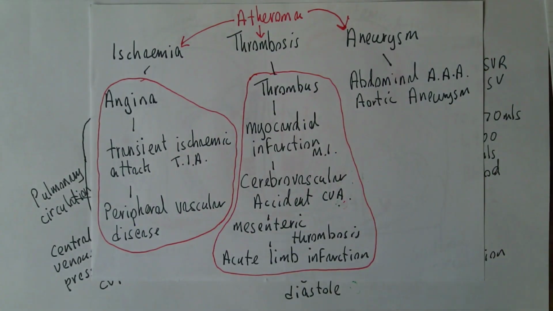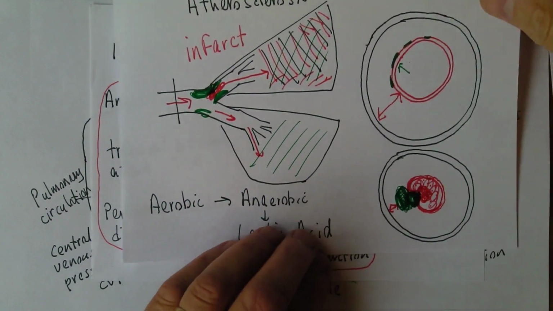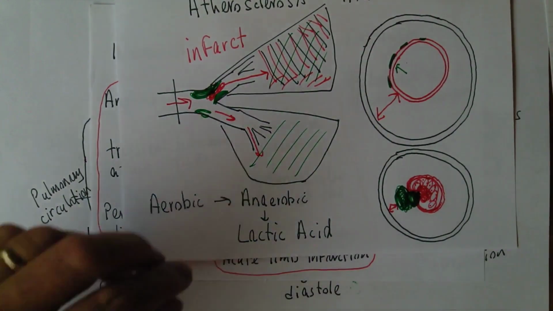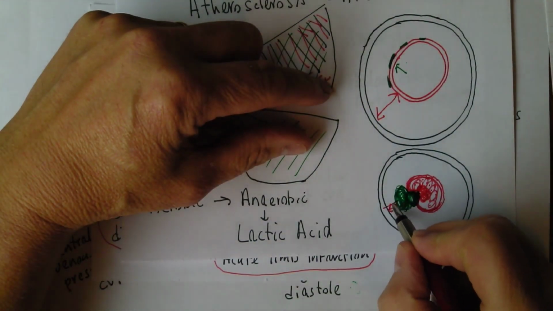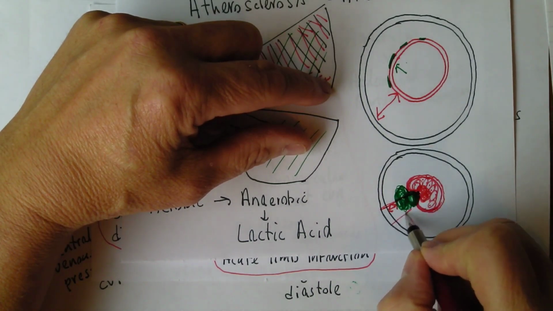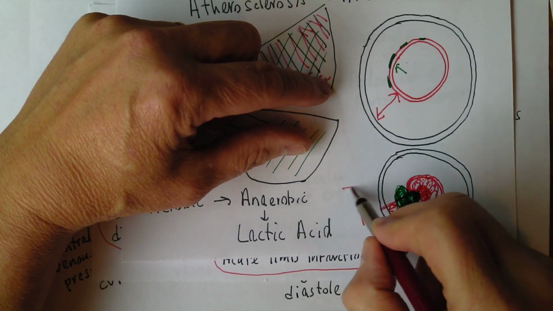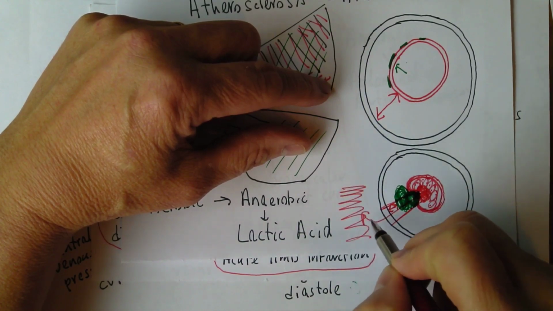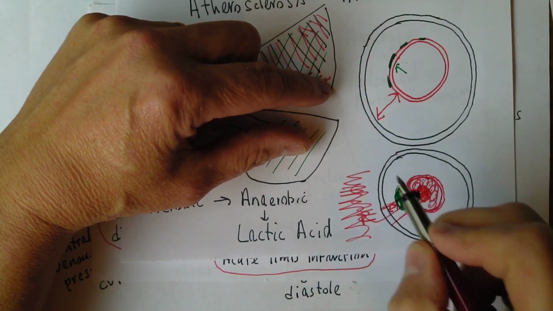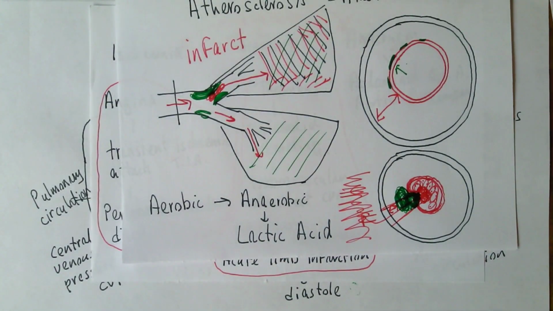Now, if that happens, going back to this diagram, the wall of the vessel basically ruptures, and that means we get a complete communication between the blood in there and the outside world, and we can get massive hemorrhage into the abdominal cavity.